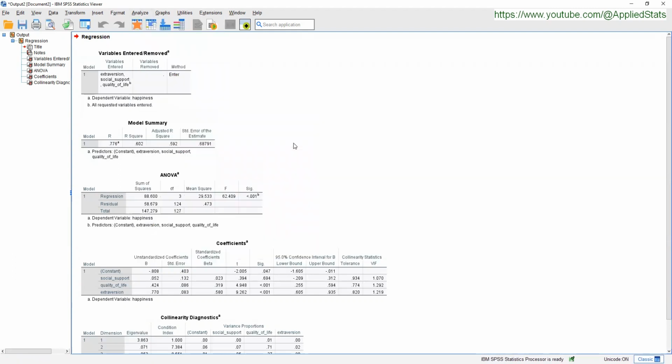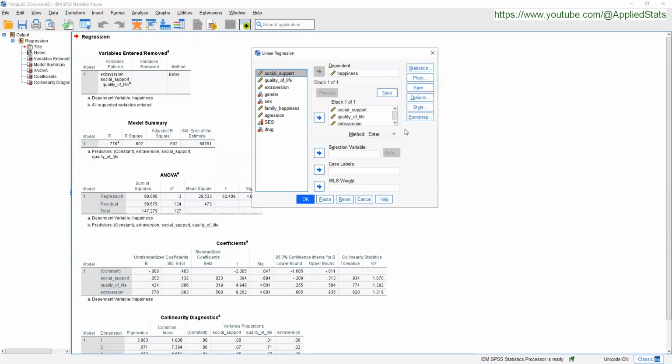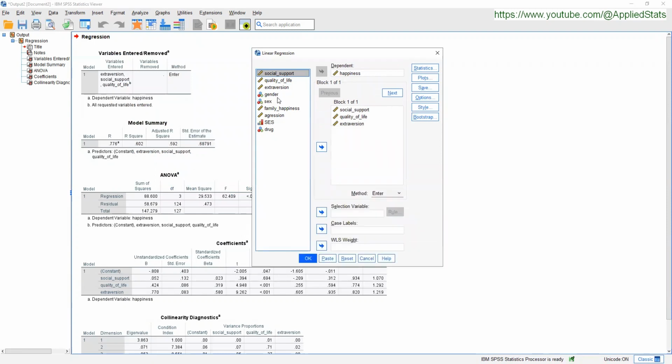Analyze, regression, linear. Another type of predictor that you can include in your regression analysis is a dummy variable. A dummy variable is a variable that has only two values, and one of them is coded 0, and one of them is coded 1. So in addition to continuous variables, you can also include a dummy variable in your regression analysis.